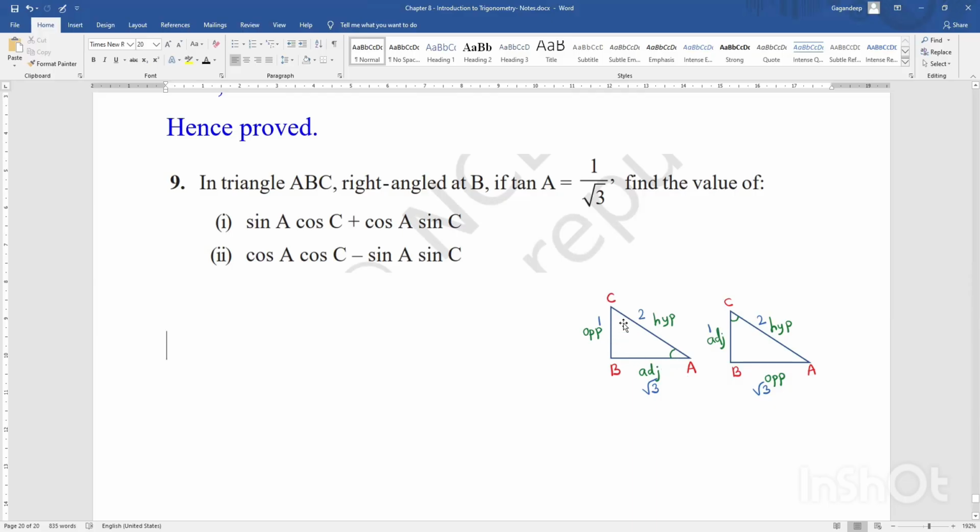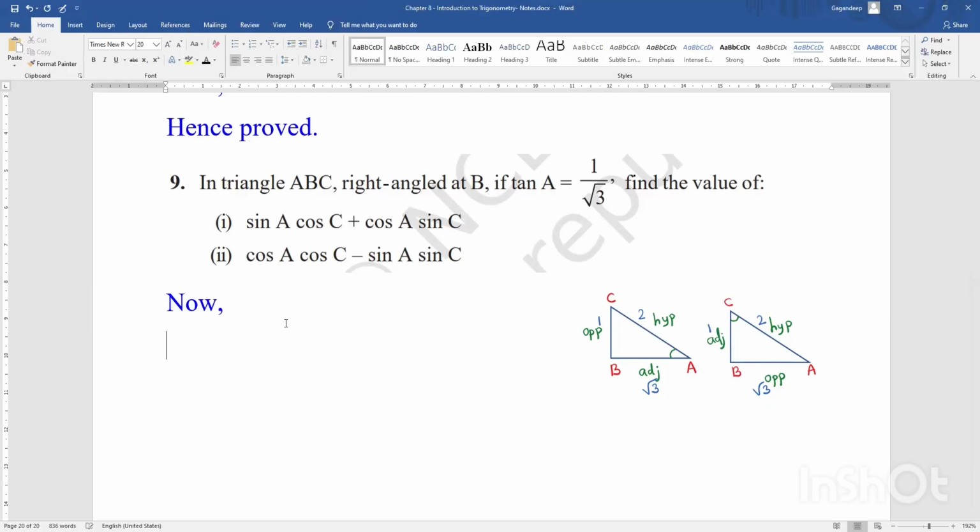With the same dimensions, you can take another triangle, but this time the opposite and adjacent positions change. AB becomes the opposite and BC becomes the adjacent.